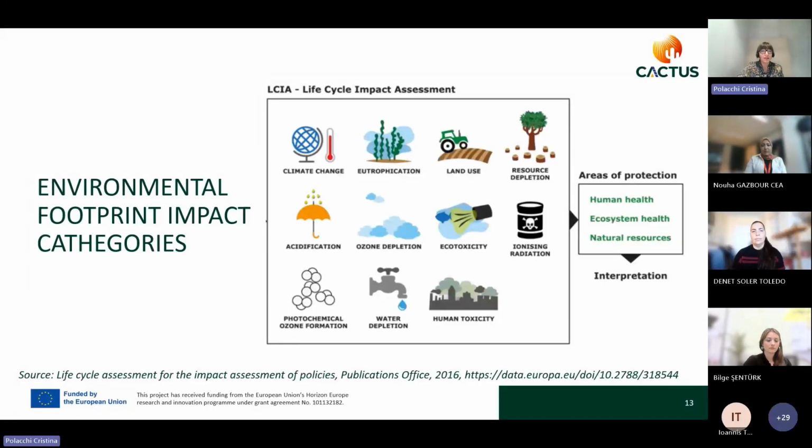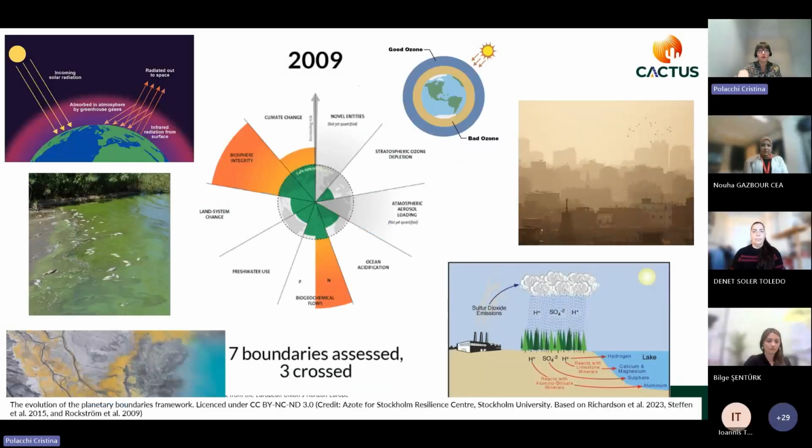And why do we study these impact categories? It is because they are related to the boundaries of the Earth ecosystem that allow the planet Earth to be healthy, let's say. You probably already know this graph from a study of 2009, when 7 boundaries of planet Earth were considered, and already back in 2009, 3 of them were crossed.